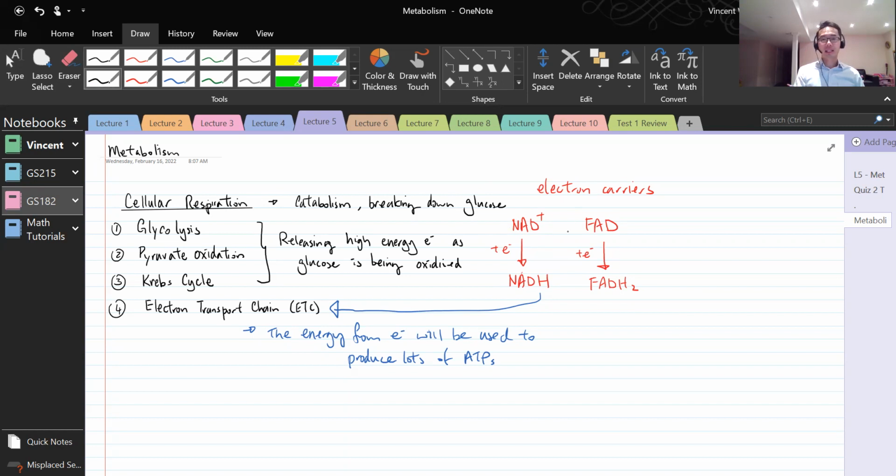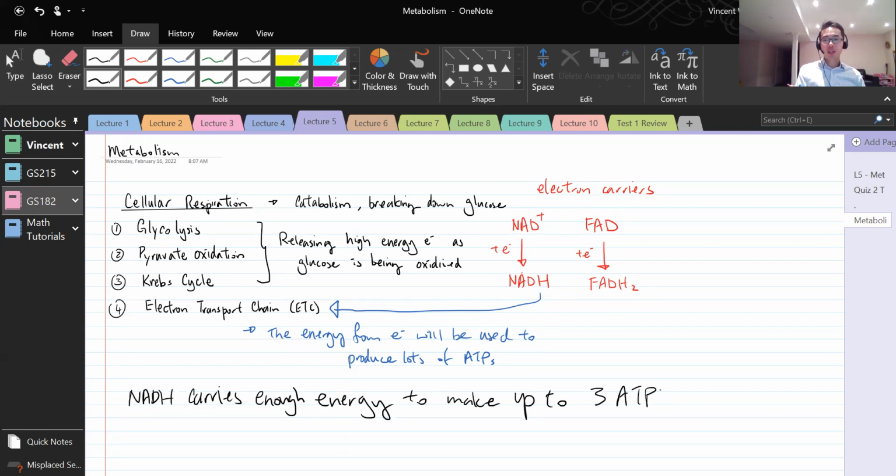They're not carrying ATP, but the electrons that they carry will be used to produce ATPs. So the difference here is NADH carries enough energy to make up to 3 ATP. If you did not know that, you definitely should write that down.